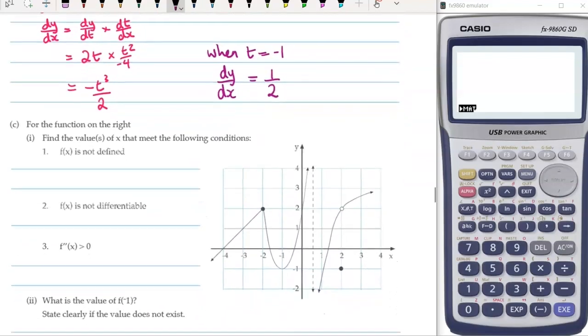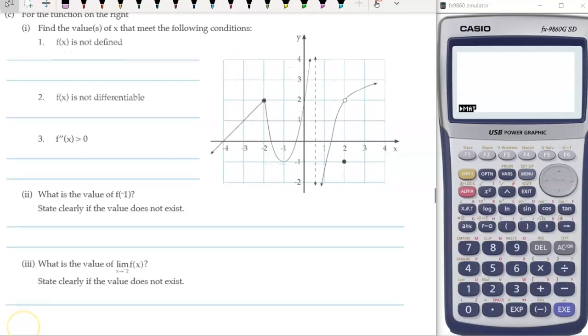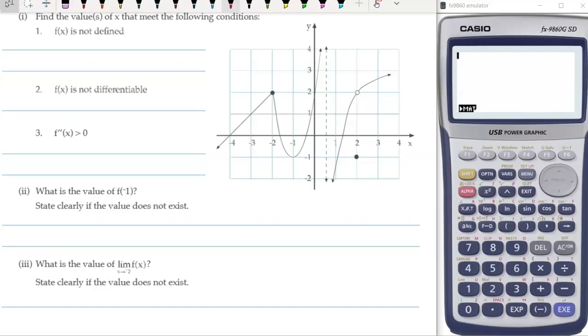Now my favourite types of questions, looking at the graph and figuring out the features that we're being asked for. Okay, so on this one, first of all, f of x is not defined. That means the x values where we couldn't get a value for what y should be, as in there is no graph at that point.